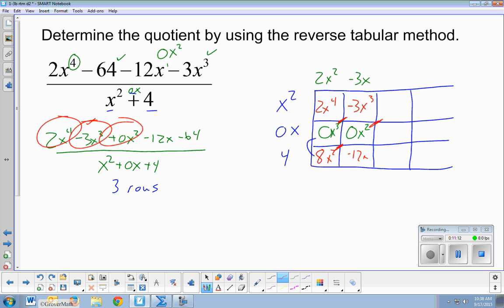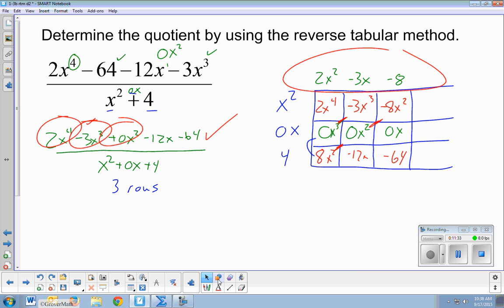Then this is going to have to be negative 8x squared, so that they all combine to be my term there. And that tells me up here that this is going to be negative 8. This is 0x, and down here multiplies to negative 64, which is what I was hoping for. So my answer is 2x squared minus 3x minus 8.